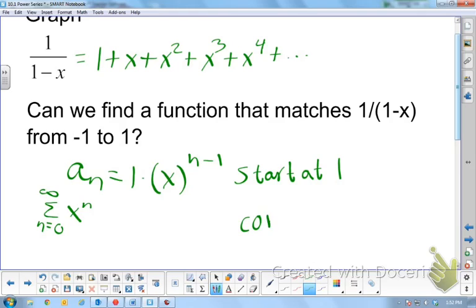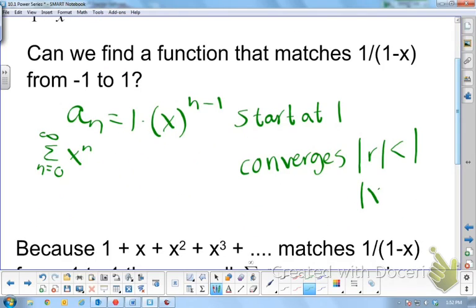So it converged when the absolute value of r is less than 1. Well, what is r in this case? X. Does that match where it actually matched the function? -1 to 1 is the same thing as absolute value less than 1.